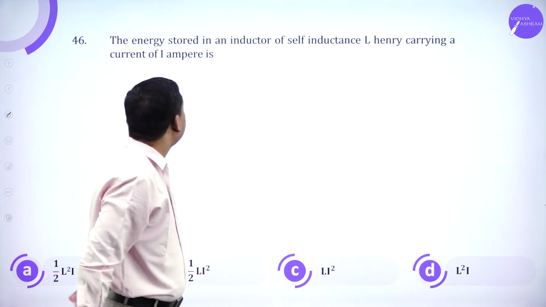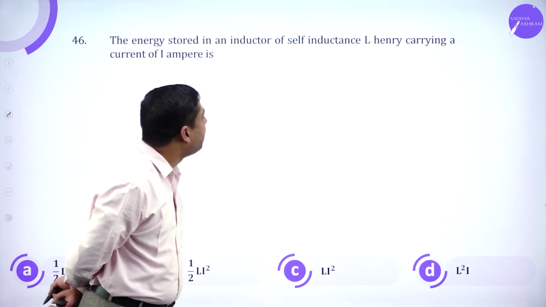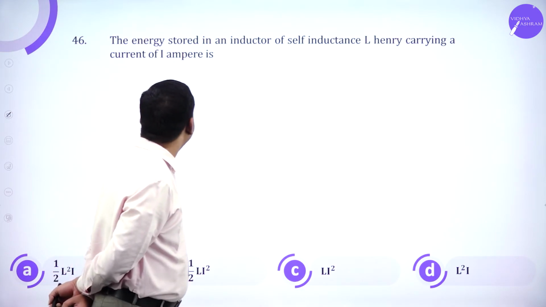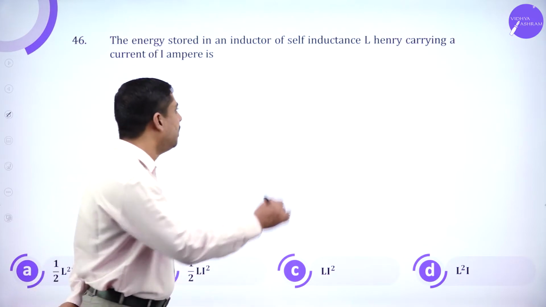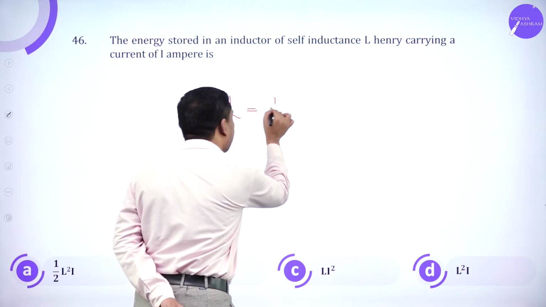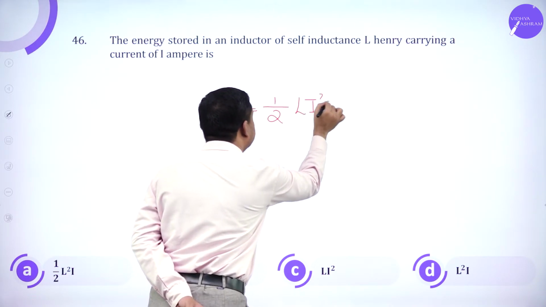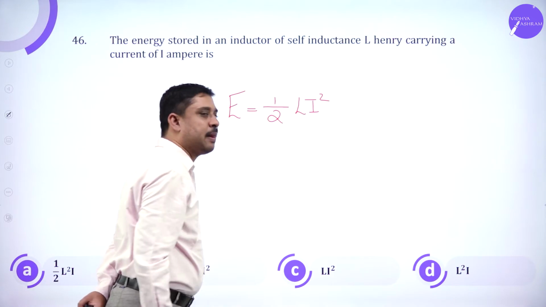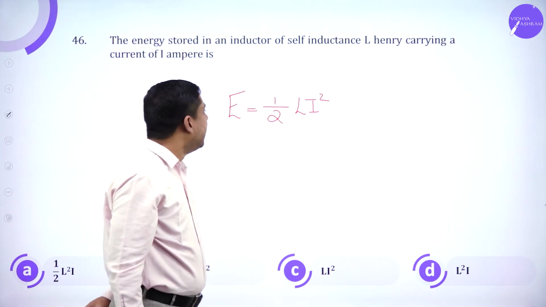The energy stored in an inductor of self-inductance L carrying a current of I ampere. What is the expression for energy stored in an inductor? Half L I square. Capacitor half C V square.